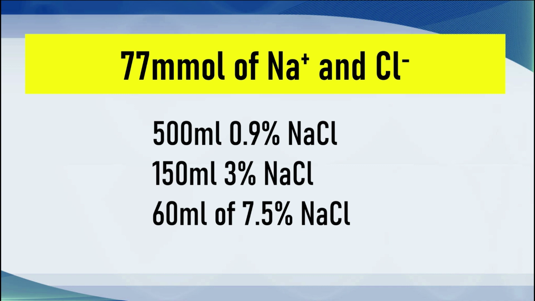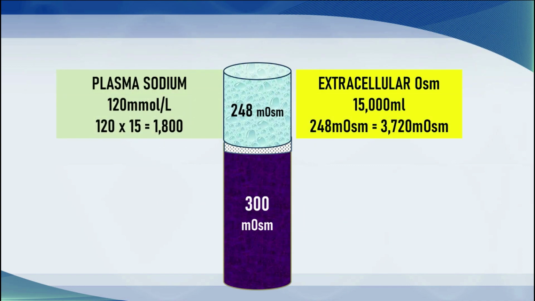Let me illustrate this. We're starting with a plasma sodium of 120 millimoles per litre. There are 15 litres of extracellular fluid, so that works out at 1,800 millimoles of sodium in the extracellular space. If you calculate out the extracellular osmolality, then there is 15 litres of extracellular fluid with 248 milliosmoles per litre, or 3,720 milliosmoles in total.